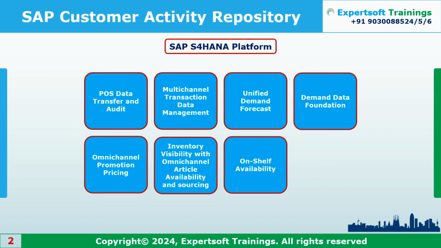This is basmati rice, and there is Ramadan, Tuesday, so it is being sold more. Can I run some analytics on that, and buy more basmati rice before Ramadan? That kind of analytics, I will use that data in CAR to run.